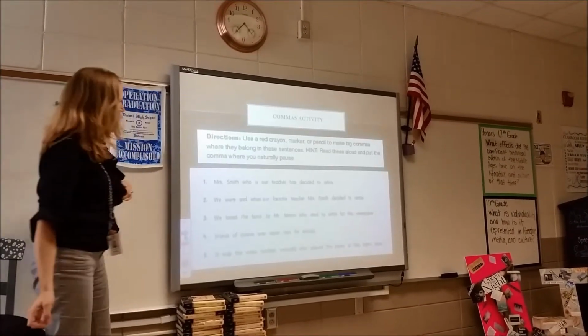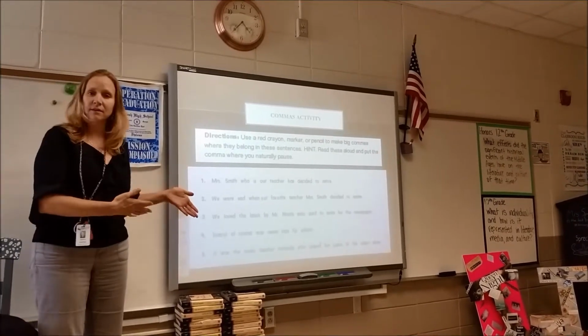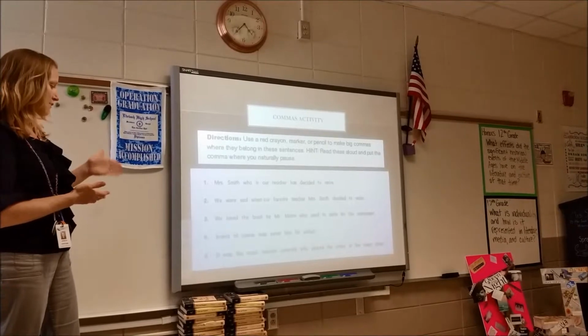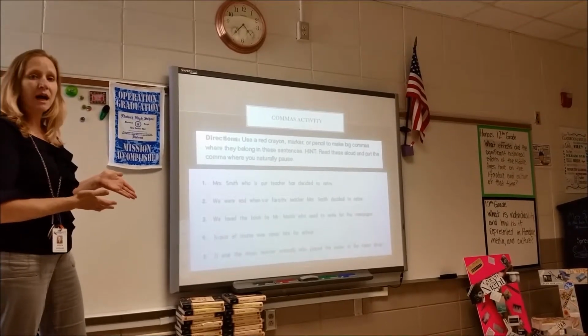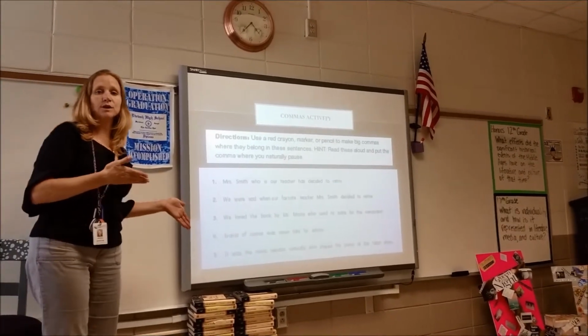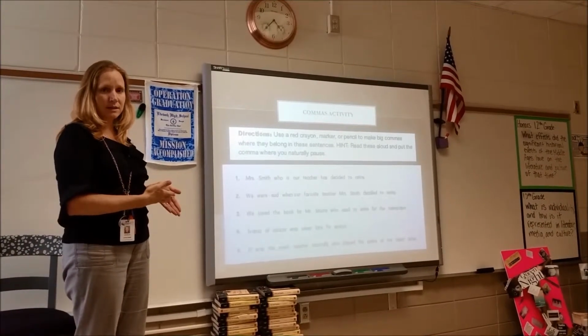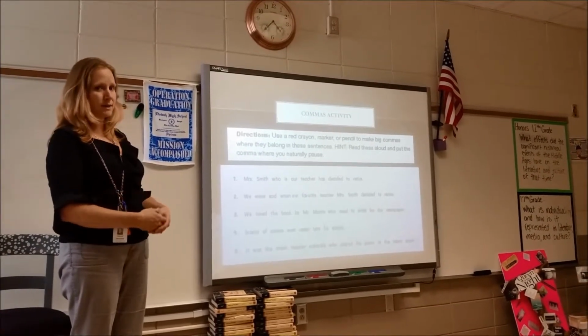So this is an activity that I would ask you to briefly follow along with. There are 5 example sentences, and you would look at these and determine where the comma belongs in each of these sentences to set off the appositive phrases.